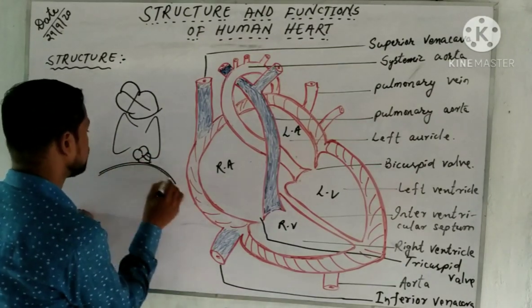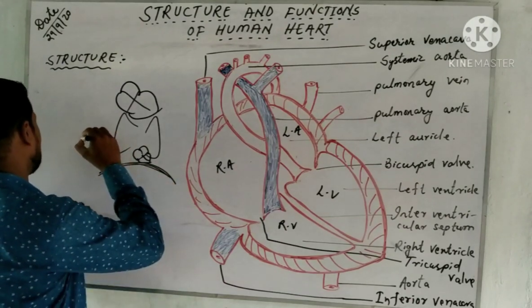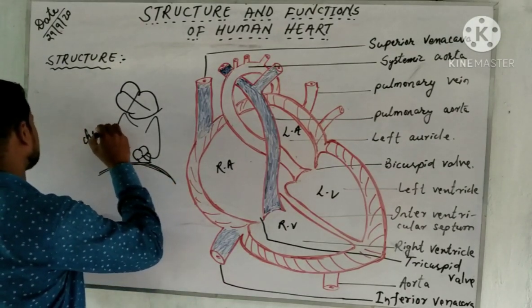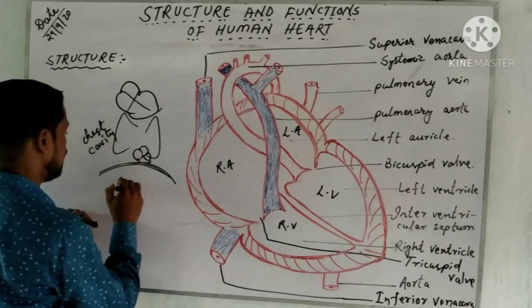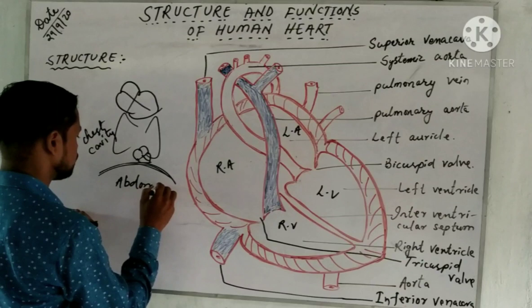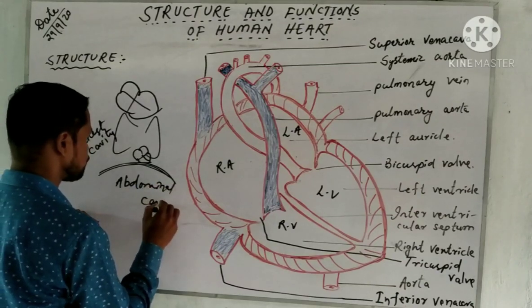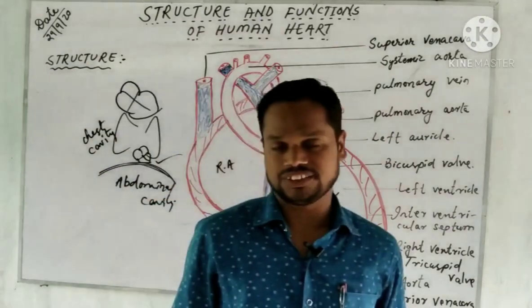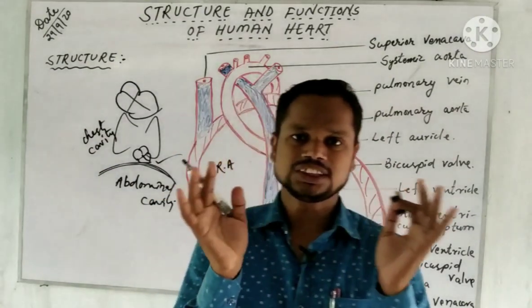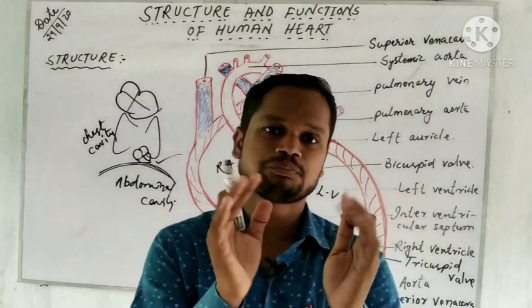This is the chest cavity, and this is the abdominal cavity. The heart is present inside the chest cavity. This is the shape, size and position.